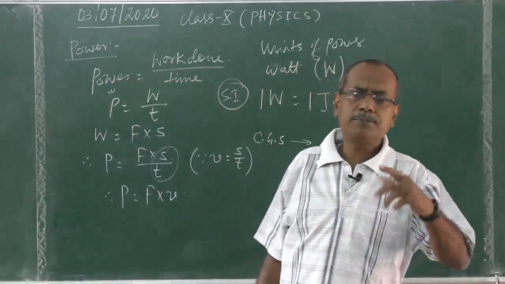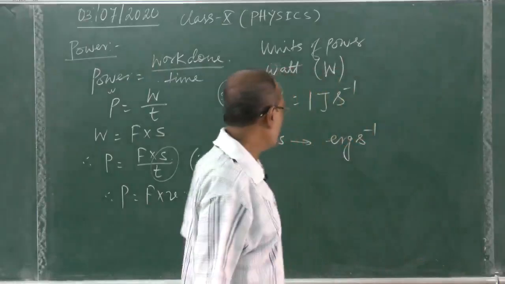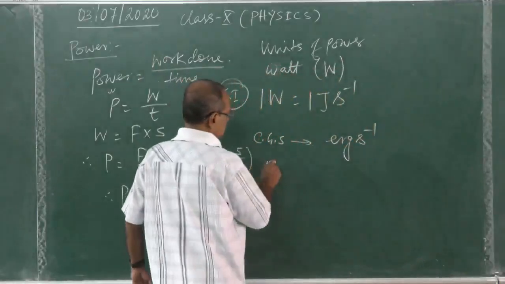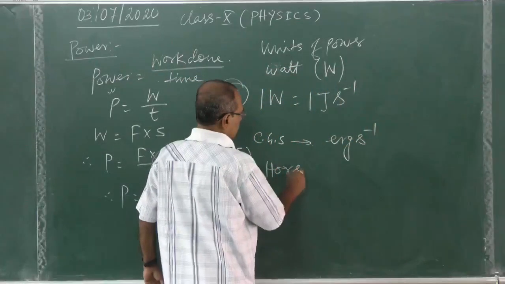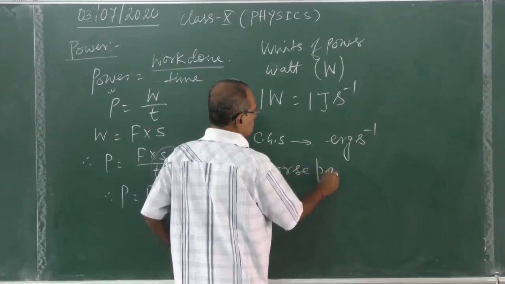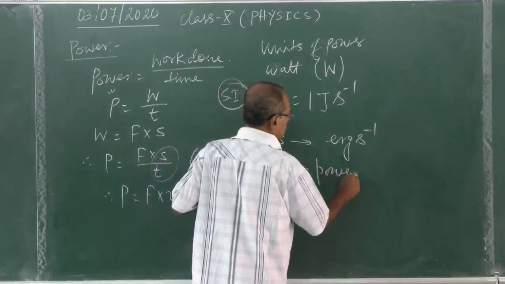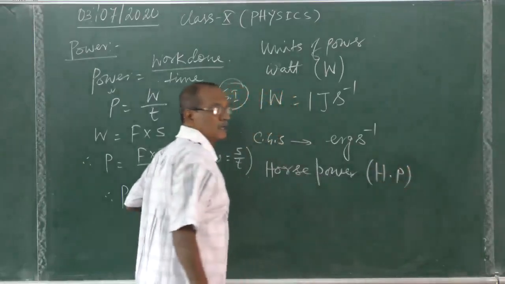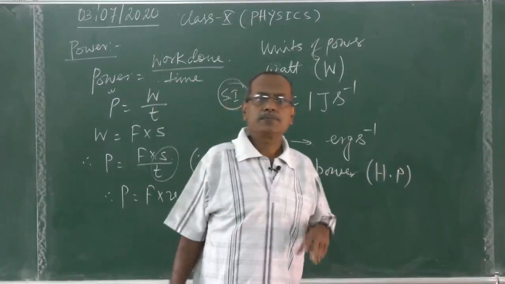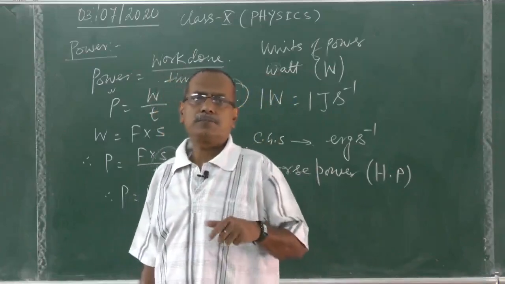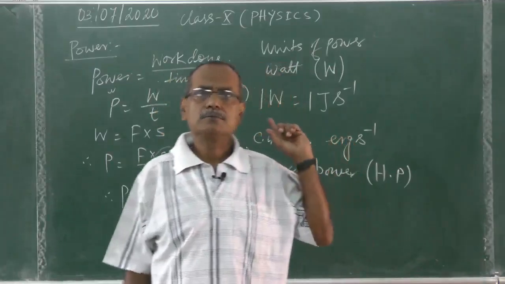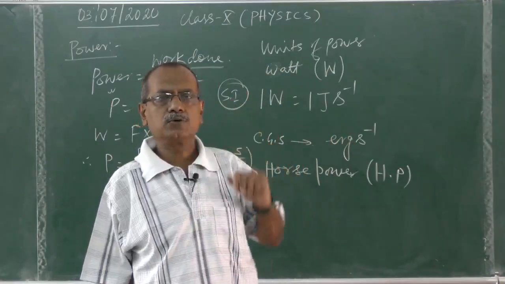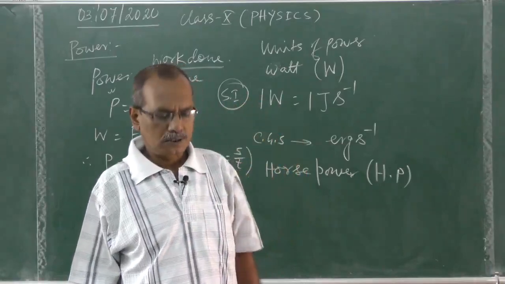There is another bigger unit used, that is horsepower. This is very important, horsepower, HP. Motor and all we are purchasing. Pump, motor, all this we are purchasing according to this unit. That is 1 HP motor, 2 HP motor.